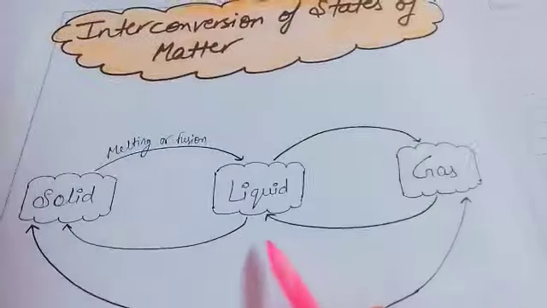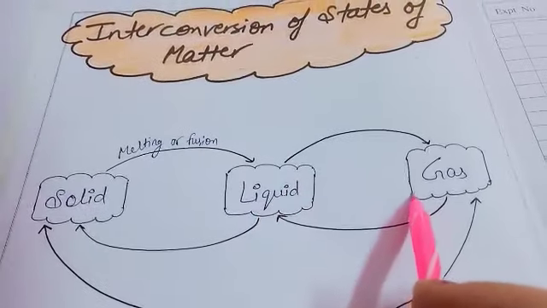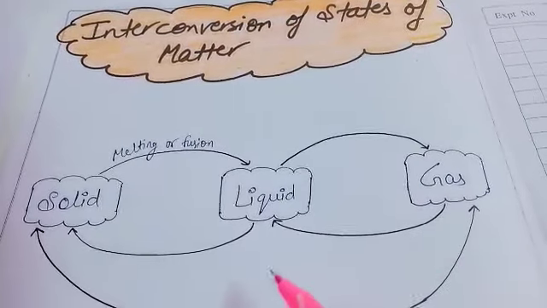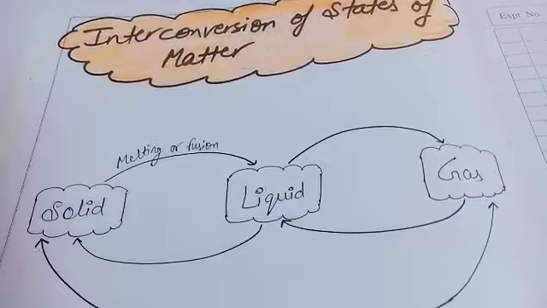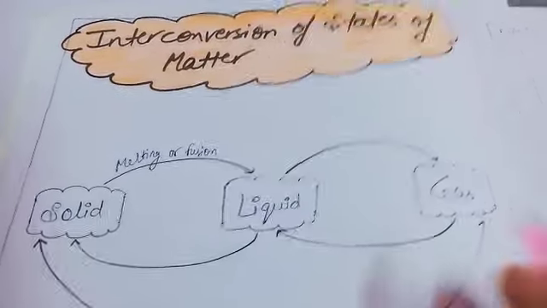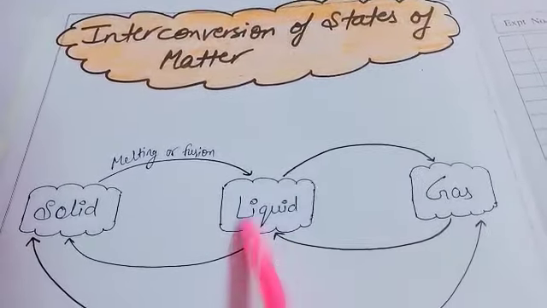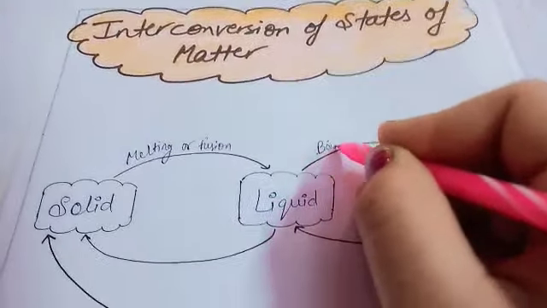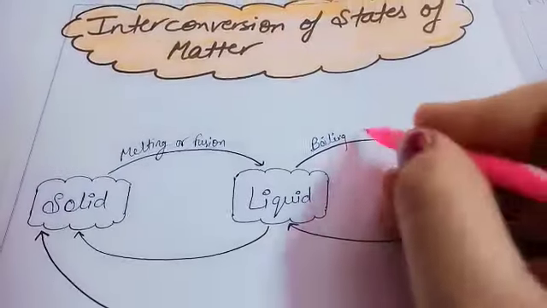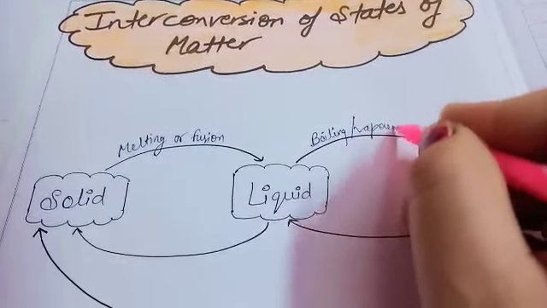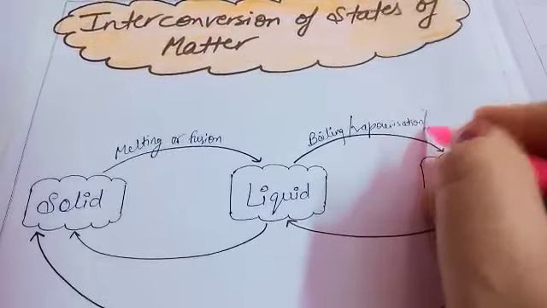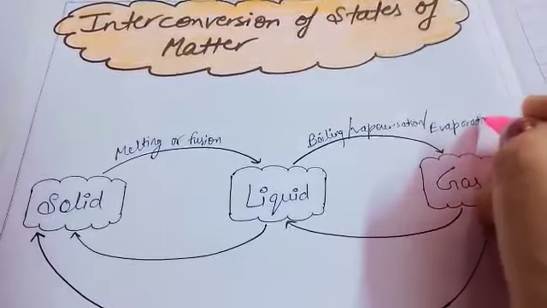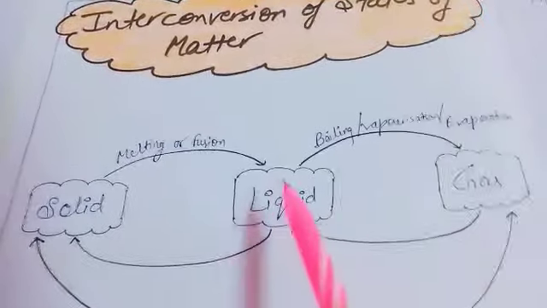Now the second thing is when liquid is converted into gas, or you can say vapors. When we heat it or increase the temperature, the process in which liquid is converted into gas is known as boiling, or vaporization, or evaporation.